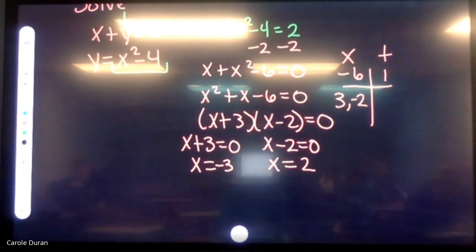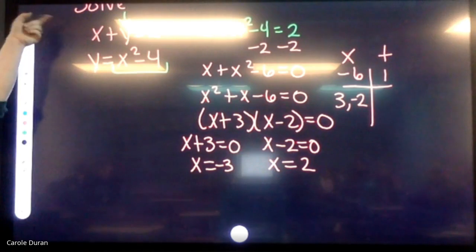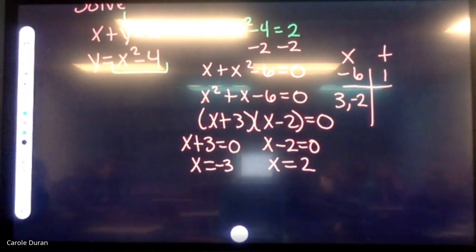So the way we want to do this is technically we could take these and then plug them into either of the original equations. However, as a rule, we want to plug them in to the simplest of the equations. So I want to plug them into the top, because if I plug them into this one, sometimes I get solutions that aren't actually solutions.